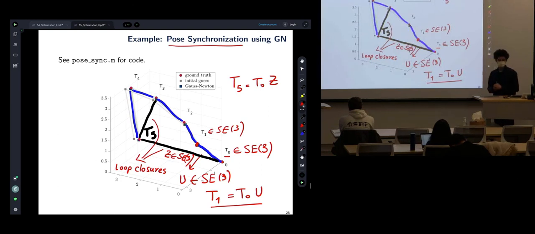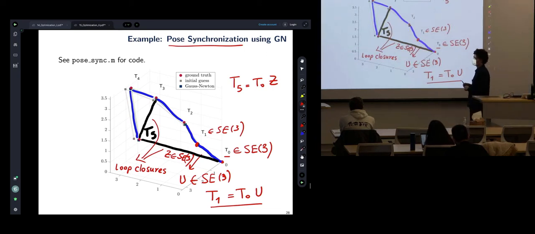So in the implementation for this, is it hard-coded that the pose T5 can, for example, observe T3 and T0? I'm assuming this is not the result of just running Gauss-Newton and these correspondences appearing. This is a simulation. I am generating the graph myself. So I decided that I want to add these loop closures.